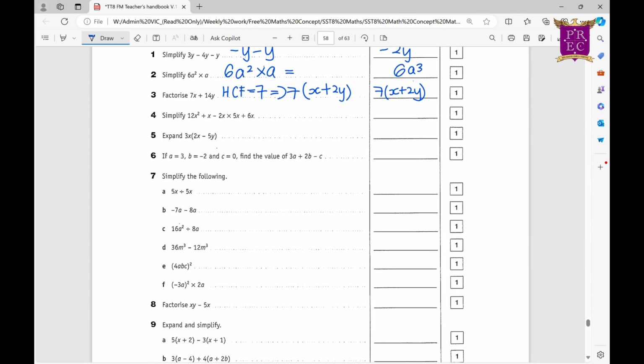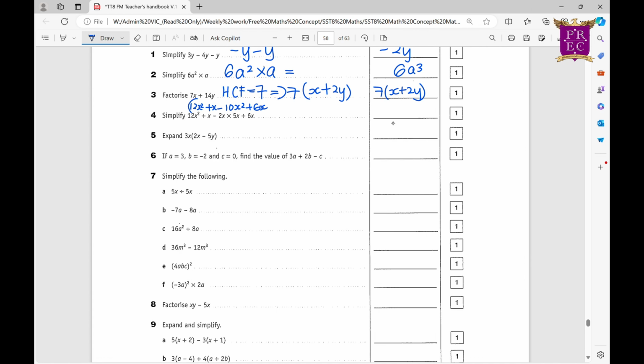Now it's asking us to simplify this expression, and first what we need to do is the multiplication, which gives us negative 2x times 5x gives us negative 10x squared plus 6x. Alright, and now we just need to group the like terms together.